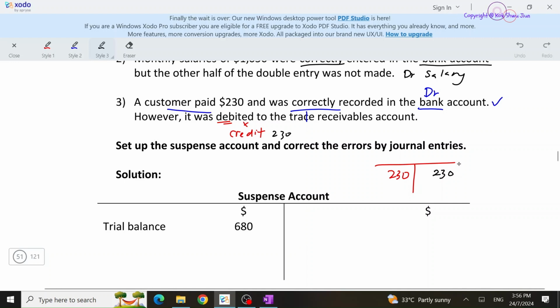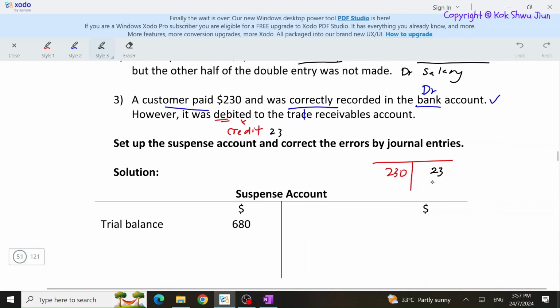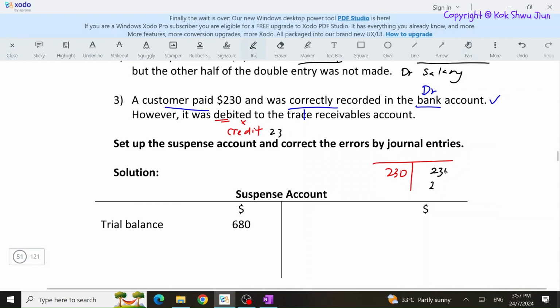So instead of only crediting one time, I have to credit 2 times, so that after I have eliminated the wrong entry, I still have a credit 230 on my credit side. So this correction of error is credit 460, instead of 230.